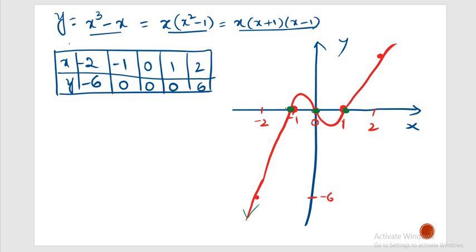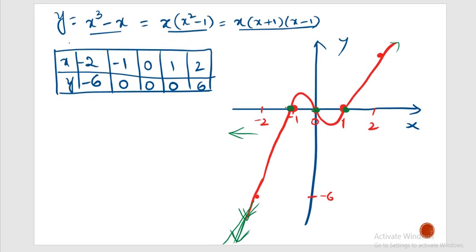After this, to the left of minus 2, this graph will continually go down, so it will never return to the x-axis. In the same way, after 2, this graph will continuously move towards infinity, so it will never return to the x-axis, because it already has 3 zeros.